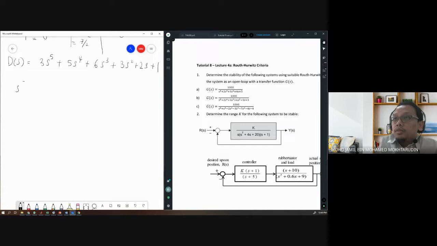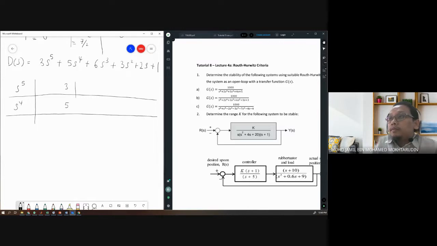So we start with s power 5 and then S power of 4. So we have 3, 5, we have 6, 3, and 2, 1. So we calculate for row S3.